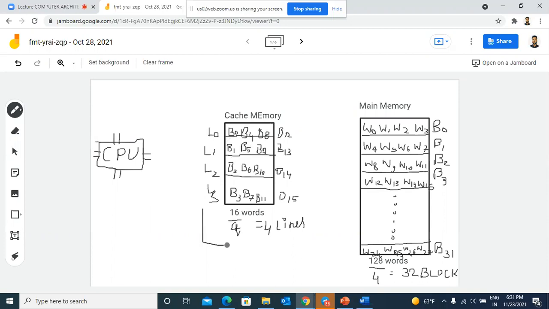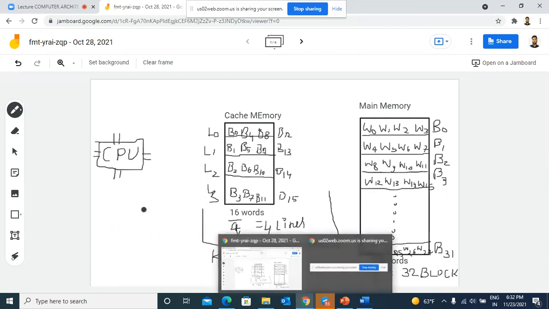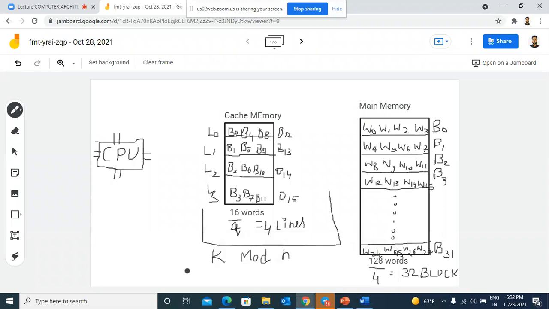Now, how have I allocated B0, B1, B2, B3 in this way? First of all, this is a specific place for each one, but there is also a formula for cache memory or block allocation. The formula is K mod N. K stands for block number.